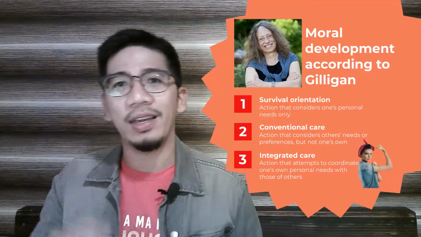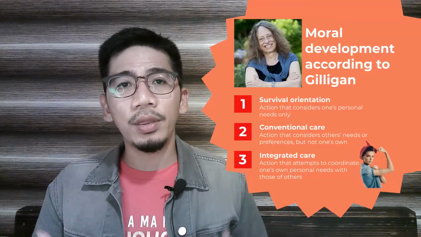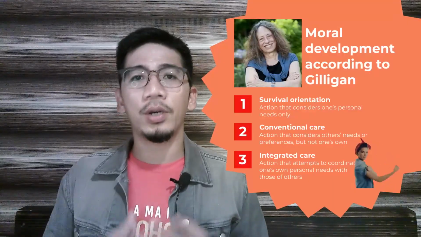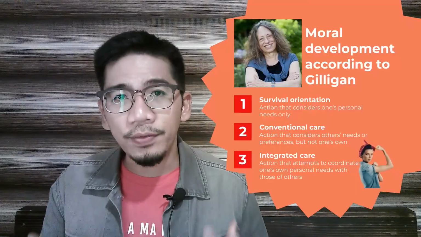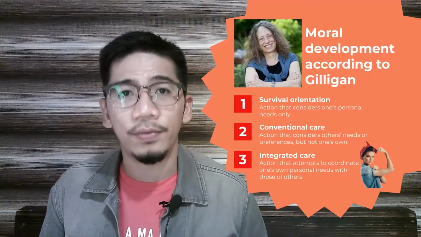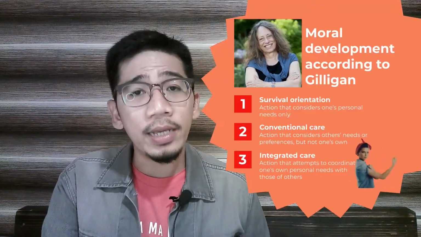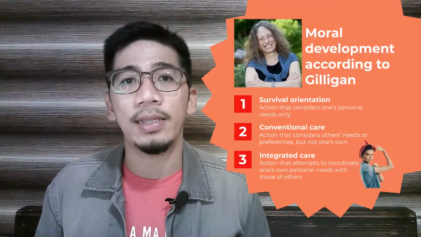In considering an abortion, a woman at position 3 would think not only about the consequences for the father, the unborn child, and her family, but also about the consequences for herself. How would bearing a child affect her own needs, values, and plans?